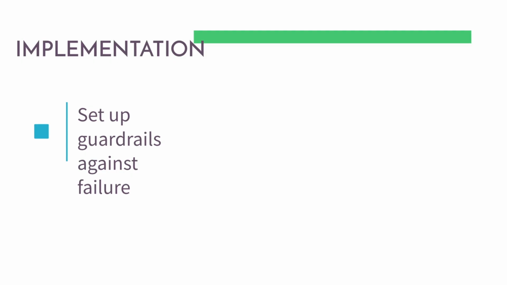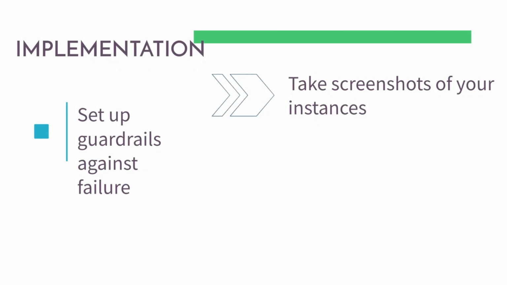So implementation. You are going to be making mistakes, so make sure that you set up guardrails and fail-safes for those potential mistakes. First, take screenshots of your instances. This is something that you can do in AWS. When you set up your server, after you configure your server, you're actually able to take a screenshot of it.